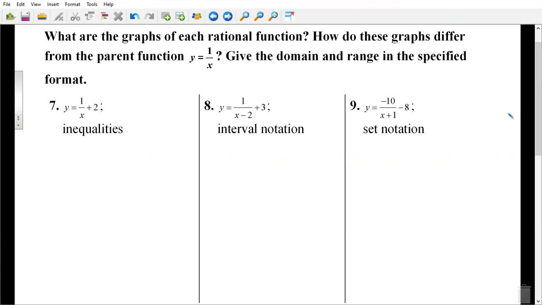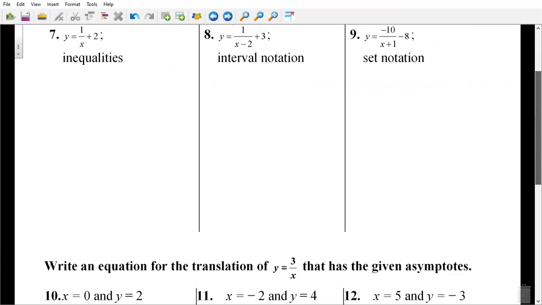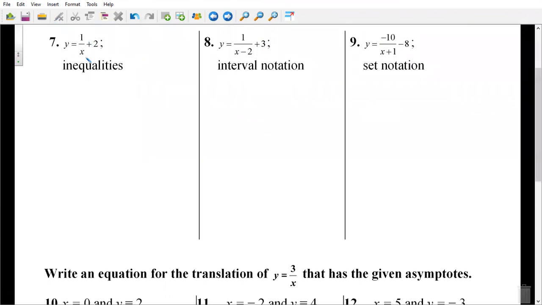So starting with example 7, we have y equals 1 over x plus 2. And so 2 is what? What variable is given to us here? D. So we know D equals 2. And D affects which variable?